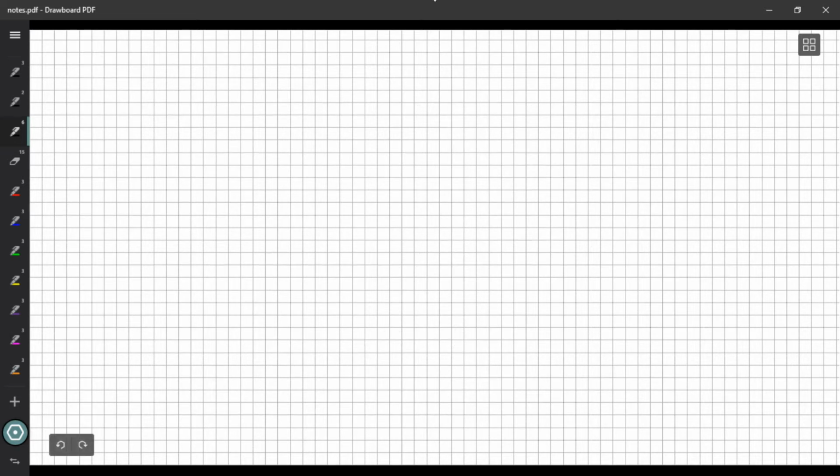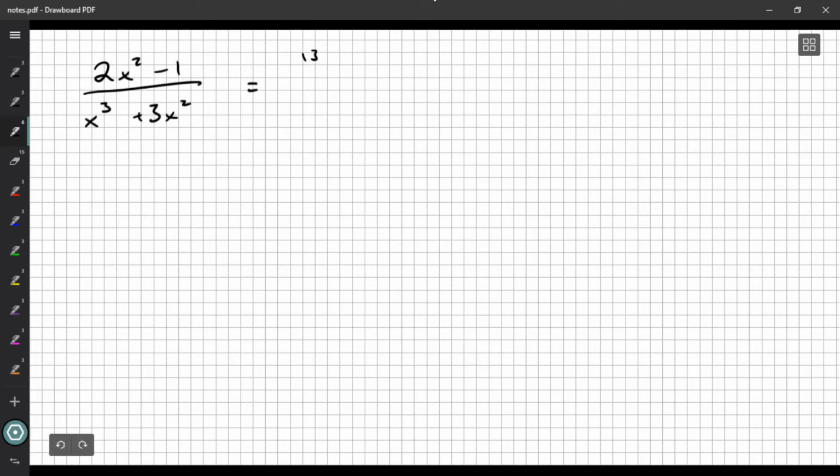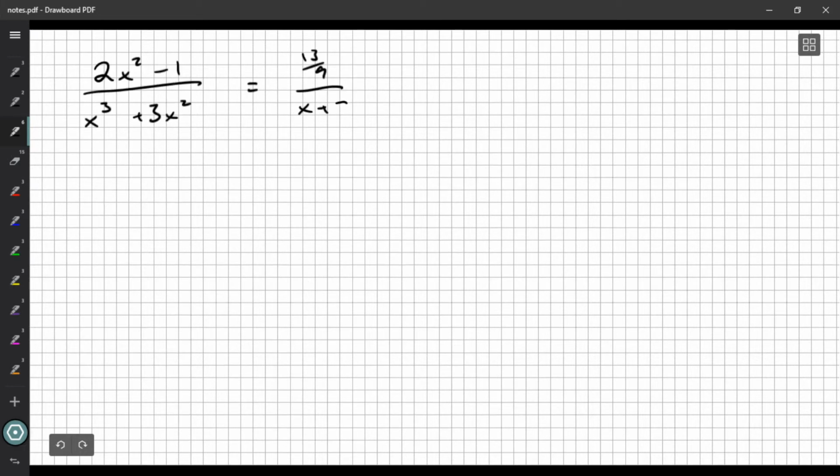So now I've got all my fractions with their constants up on top worked out. So (2x² − 5)/(x³ + 3x²) equals A over x + 3, and A was 13/9. And then B over x, and then C over x².